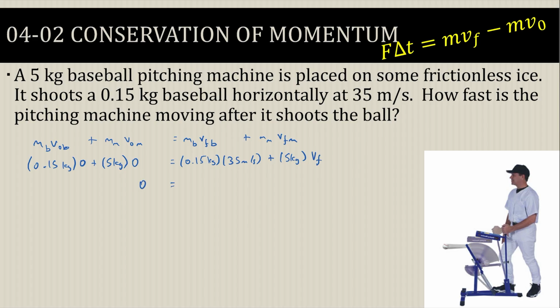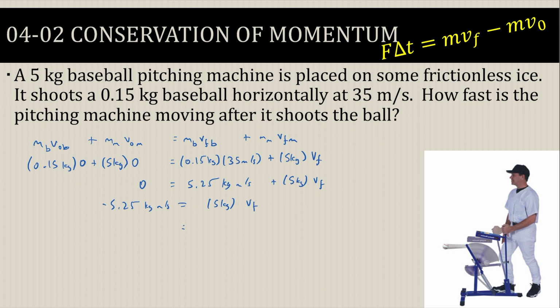So 0 equals 5.25 kilogram meters per second. Subtract the 5.25 kilogram meters per second and divide by 5.